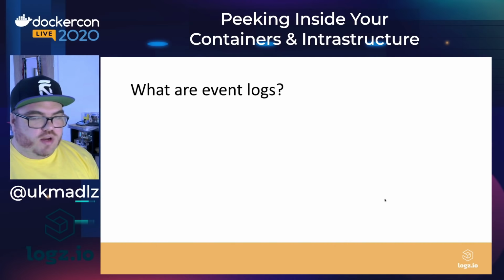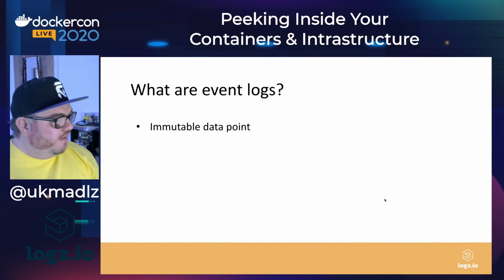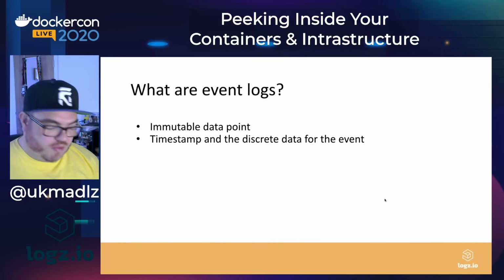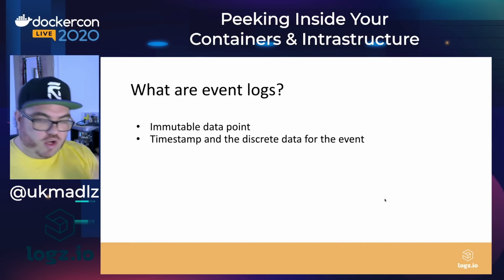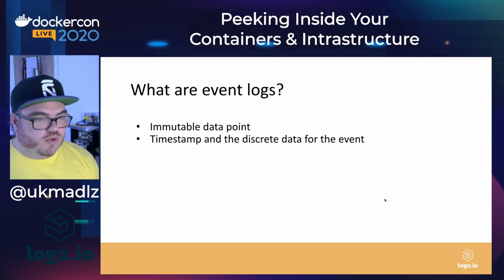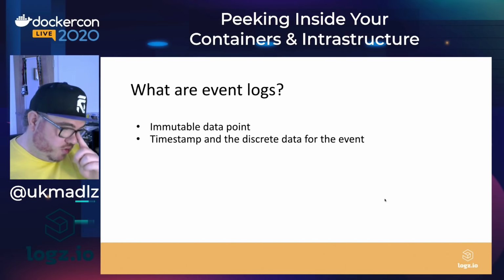Now, what are they in reality? They are immutable data points. They're data points made up of discrete event information, so that could be something you've put out to the console or something that's gone out to stdout or stderr, etc., and the timestamp associated with it.